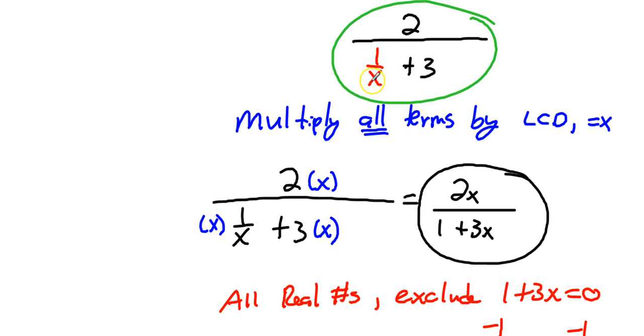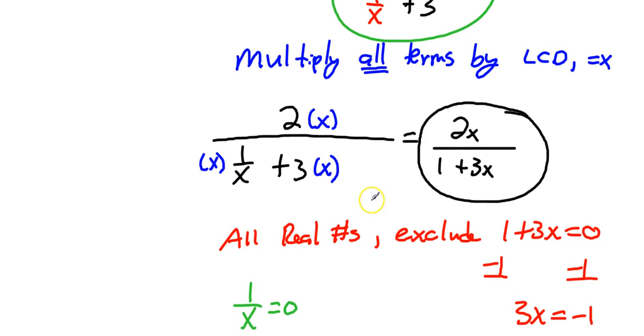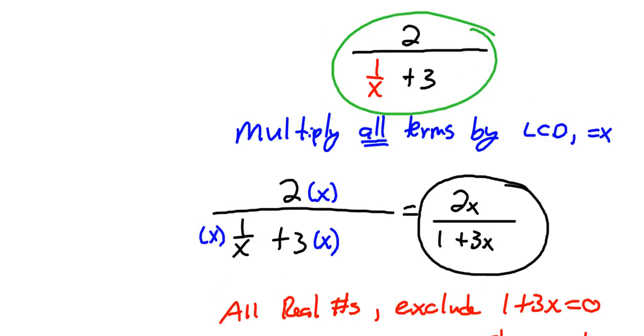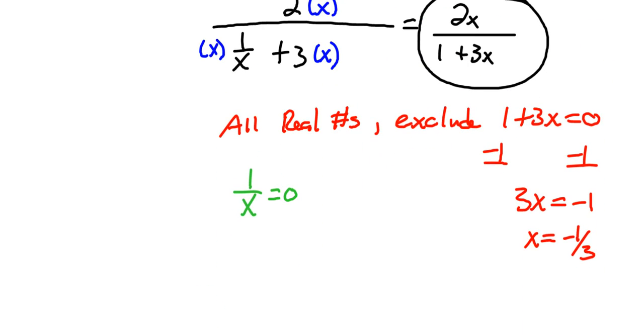What made this thing mess up? The 1 over x equals 0, right? So they're going to make you do two parts, and that's why I don't necessarily like this question. They're also going to have you exclude that this was 1 over x equal to 0. Because before we cleaned it up to make it look like this, that was actually our answer, and here's where this denominator would mess up and make this one 0. So they're going to make you basically bring in both parts.